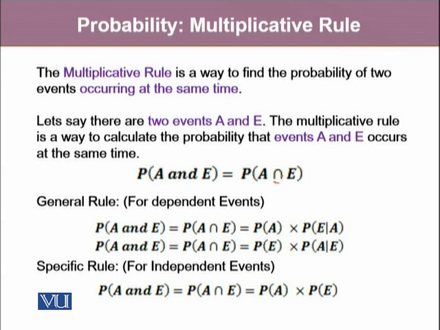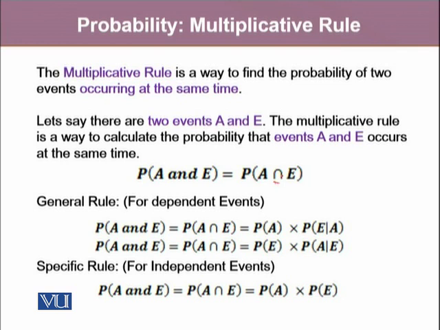There are two rules within the multiplicative rule. The first rule is a more general rule which is used to describe the dependent events, whereas the other is a specific rule that talks only about the independent events. So let's say if two events are dependent upon each other, then the probability of their joint occurrence will be equal to the product of the marginal probability and their respective appropriate conditional probabilities.